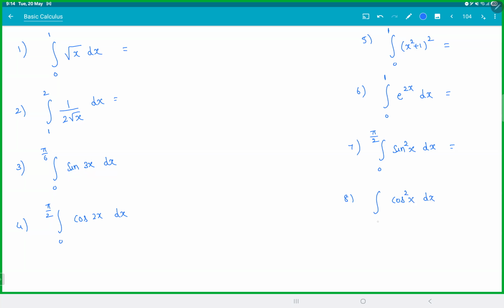Integral cos square x dx from 0 to pi. If you ask me, the 7th one and 8th one are important. They come a lot. Integral dx by 3x plus 2, 0 to 1.